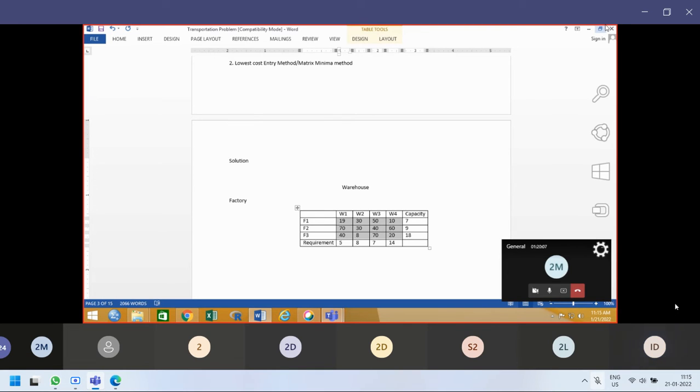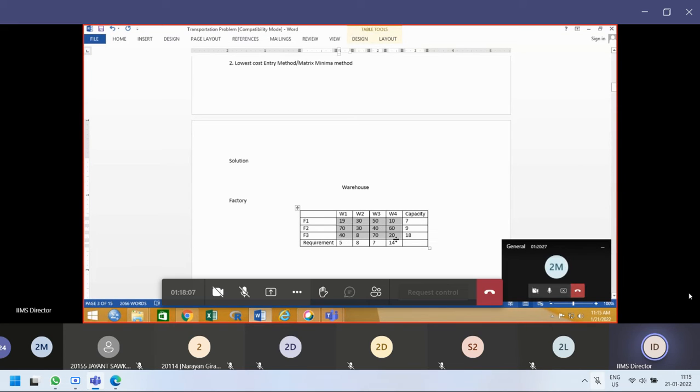Capacity and requirement are not part of the cost matrix. Don't be confused. Now here, what is the lowest cost among this matrix?